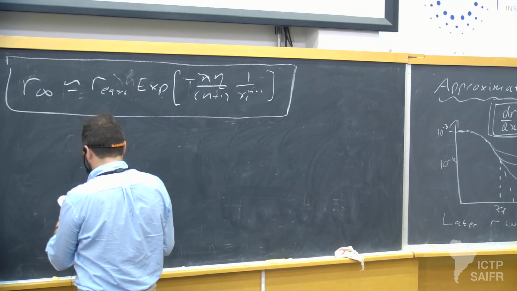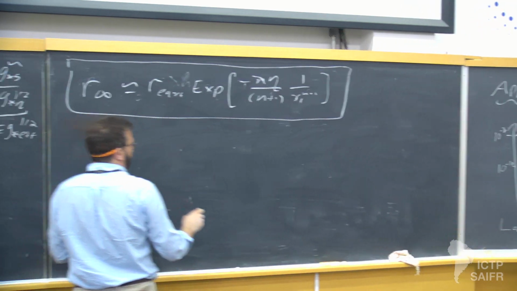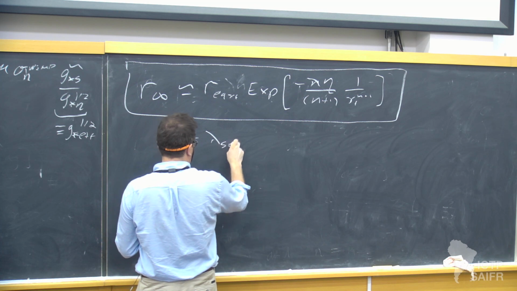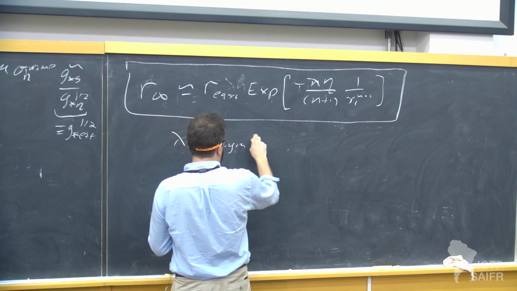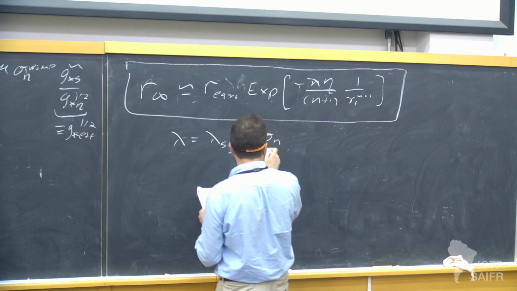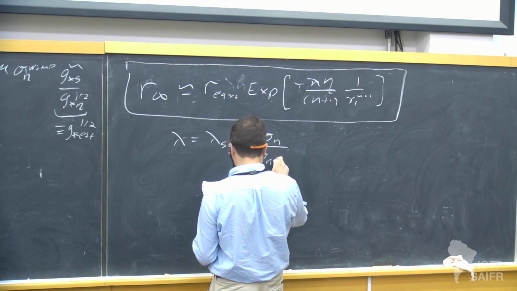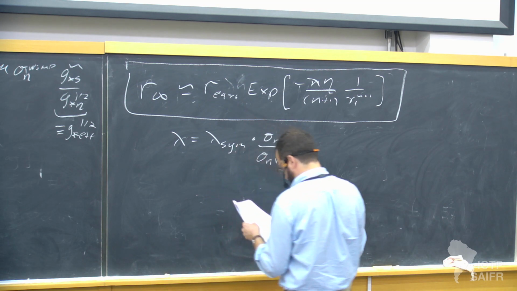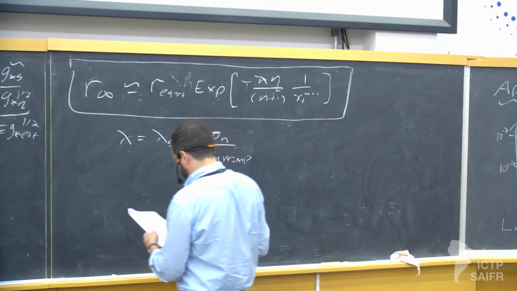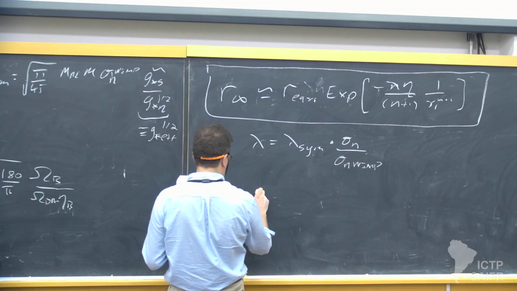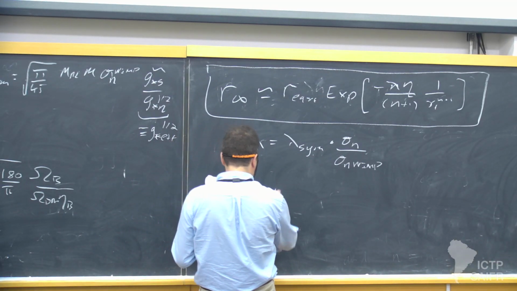Okay, so we're going to write lambda as lambda symmetric times our annihilation cross-section for our asymmetric dark matter over sigma v WIMP. Okay? So then we find that R infinity will be exponential.